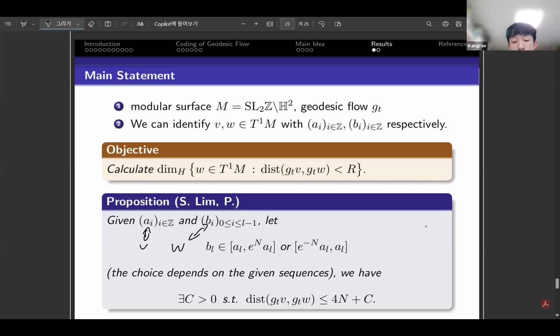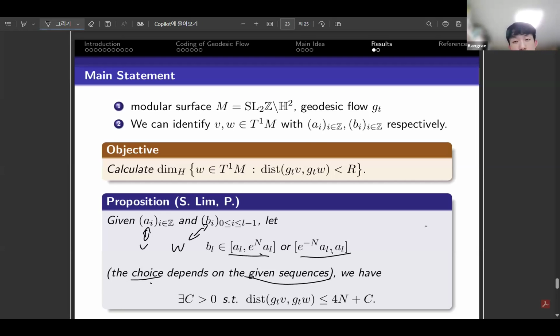Let BL be in either the interval between AL and e to the N times AL, or between e to the negative N times AL and AL. And here we have to choose between these two intervals, while this choice depends on the given sequences.